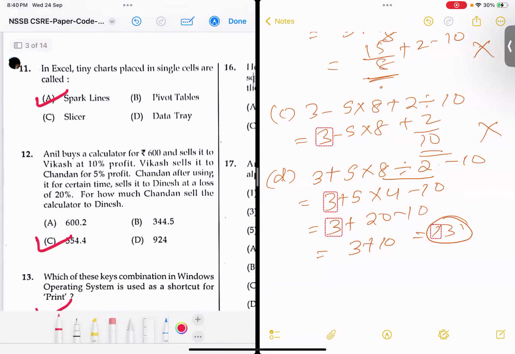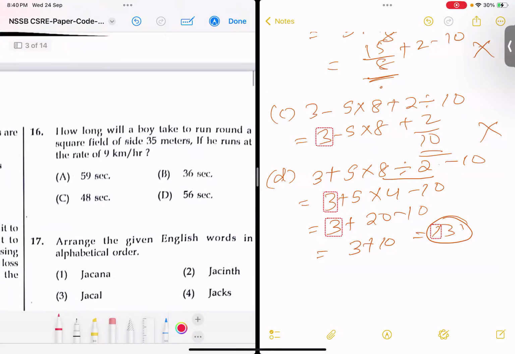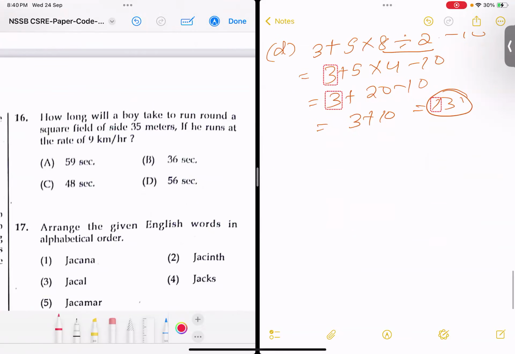Now, let's come to question number 16. It says here, how long will a boy take to run round a square field of side 35 meters if he runs at a rate of 9 kilometers per hour? There is a square field, and the side of the square field is 35 meters.